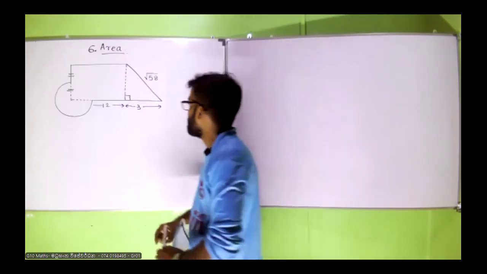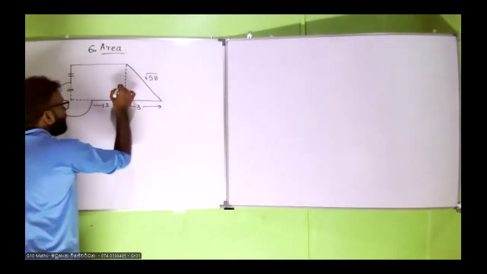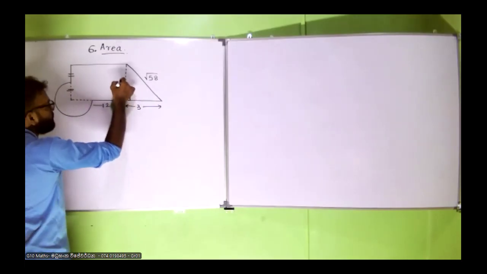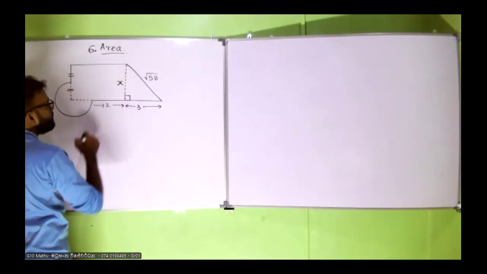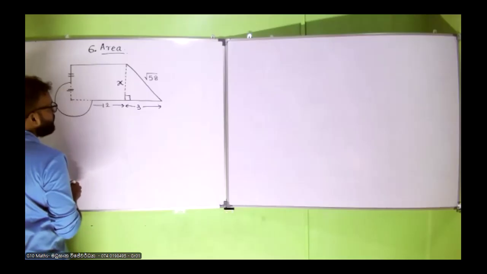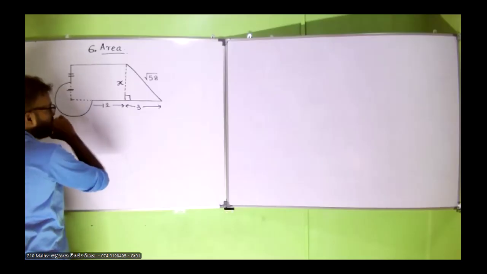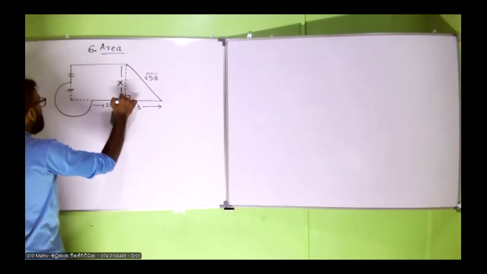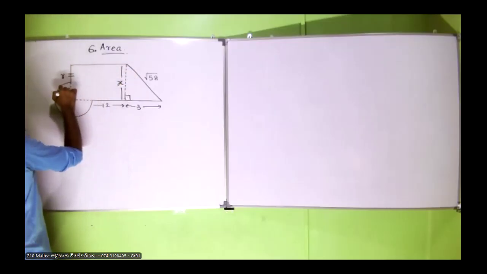So, okay, I will take this length as x. Why is that? If I found this length, I can take this r.